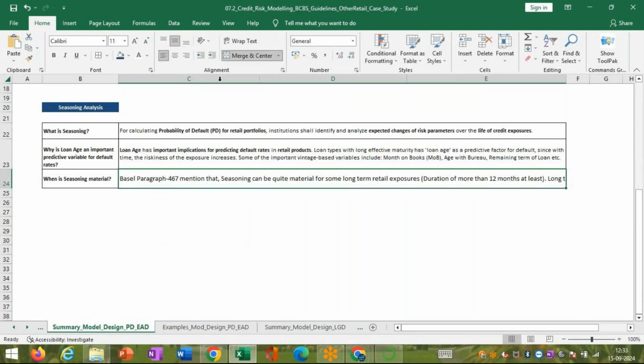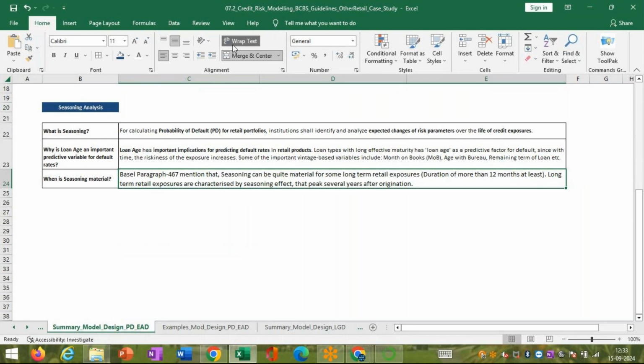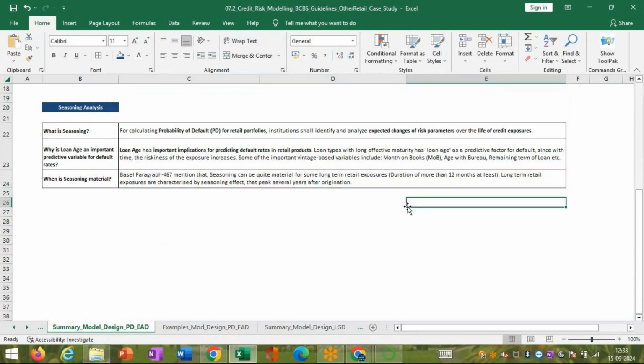Now, this is where the importance comes in, right? For long-term exposures, they are characterized by seasoning effects that peak several years after origination. So we need to know what is the time after reaching which the accounts have become seasoned.